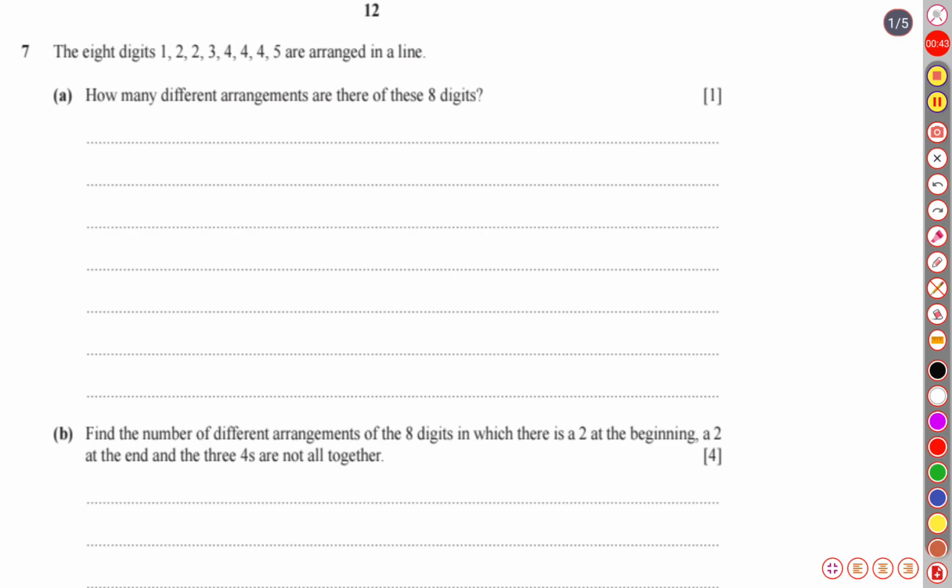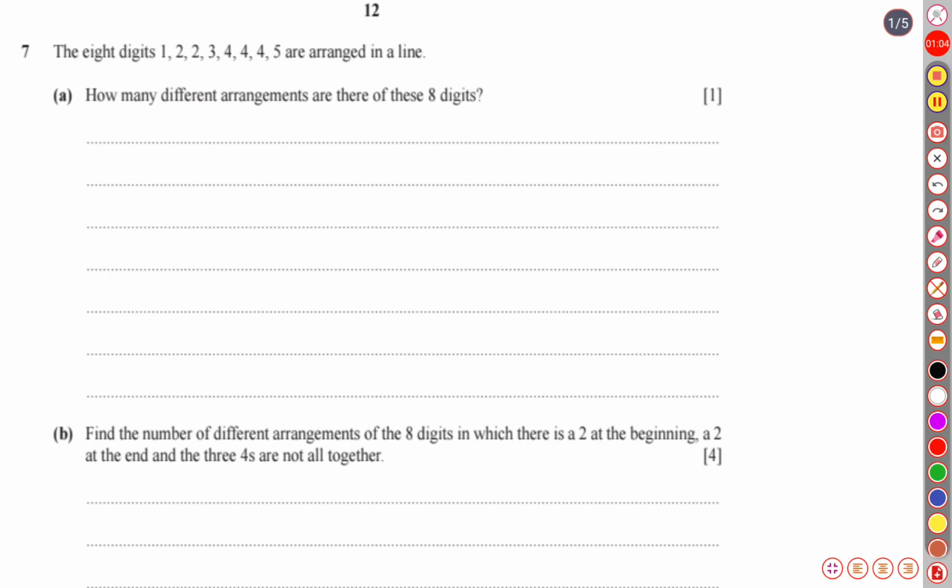We all are well versed with the concept that whenever a question asks for arrangements, we apply the concept of permutation. So this question is not exceptional to that concept; we will have to find the number of arrangements.